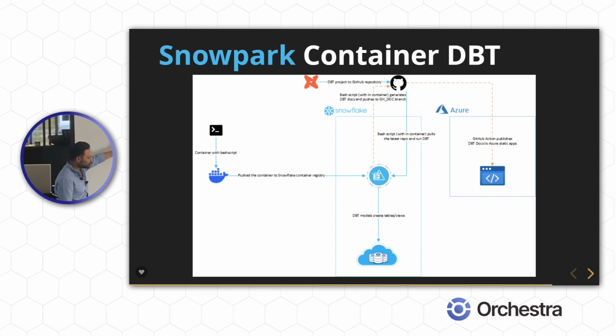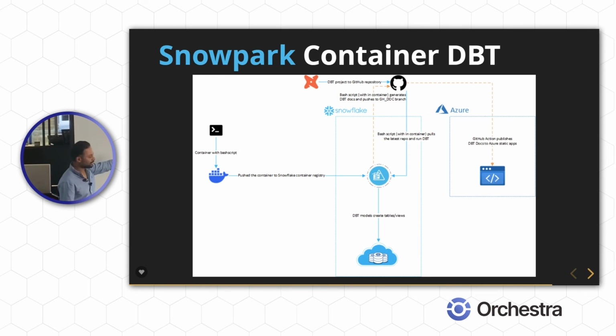Essentially, the bash script would run the GitHub CLI, pull a repository from GitHub, and then execute dbt, run all your dbt commands, do all your workflow and manipulation, and then put it into the database. In this particular example, we have a bash script that pulls the latest version from a particular branch, and then builds all the models and writes into the Snowflake database.